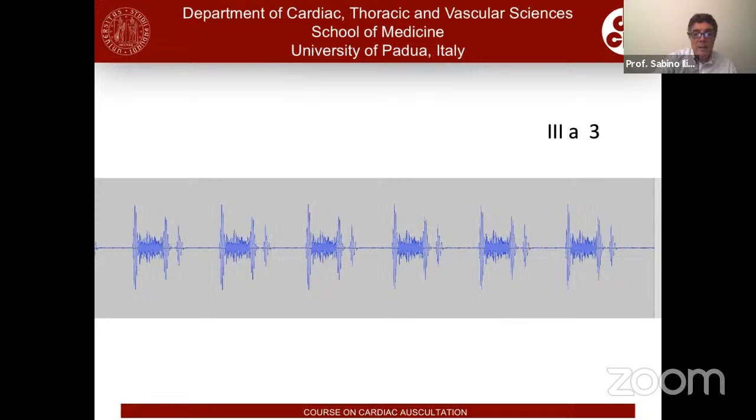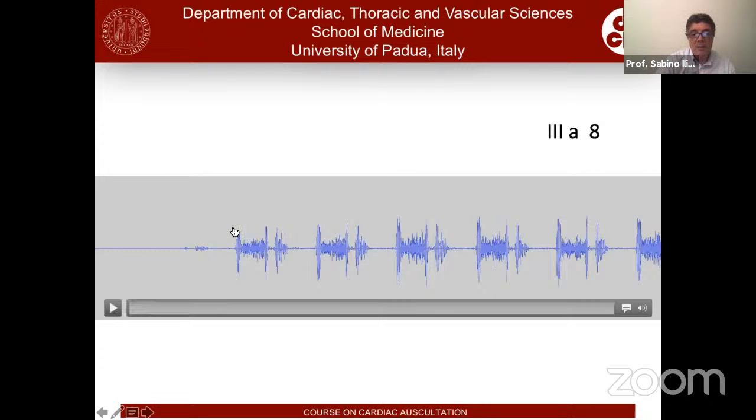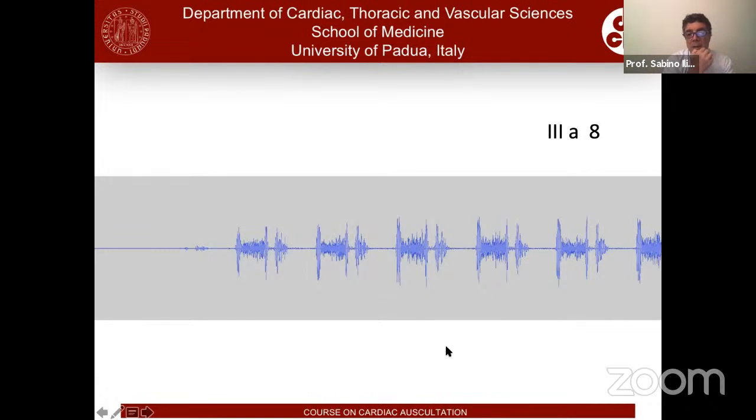The next one is another example that has something a little bit different. This is difficult, but I have to explain also the difficult things. Here you have the first sound, the second sound, the mitral regurgitation, then the third sound, and then a small murmur after the third sound, a small low frequency murmur, and this is called relative mitral stenosis.